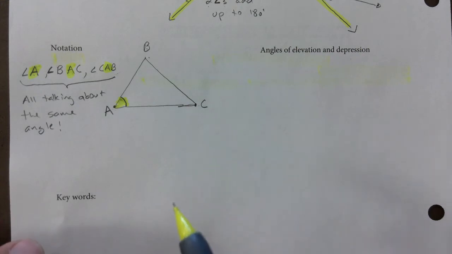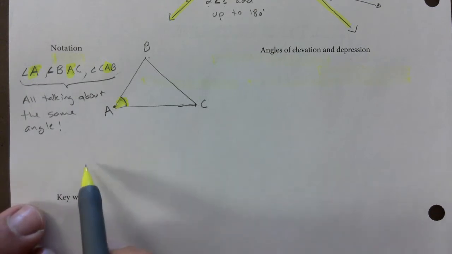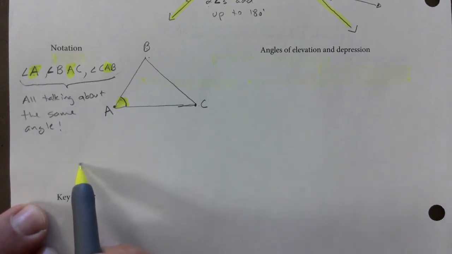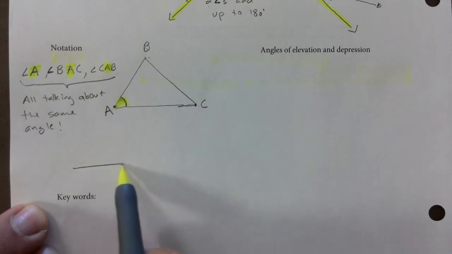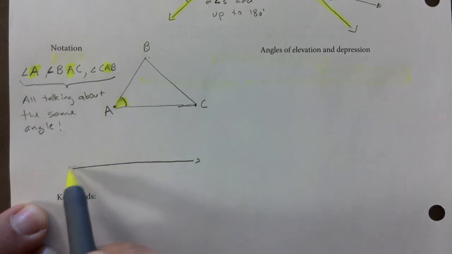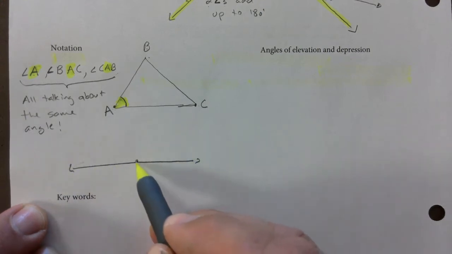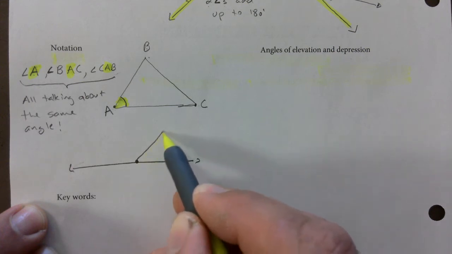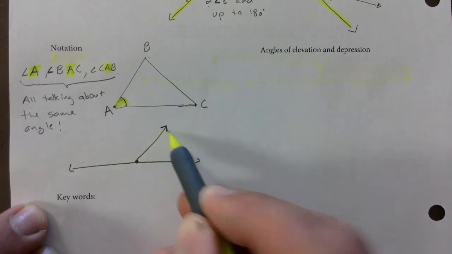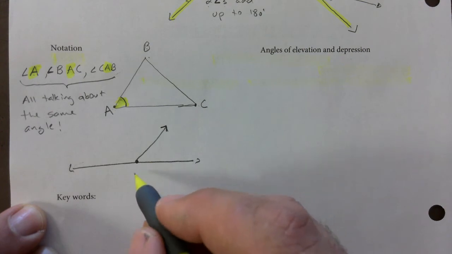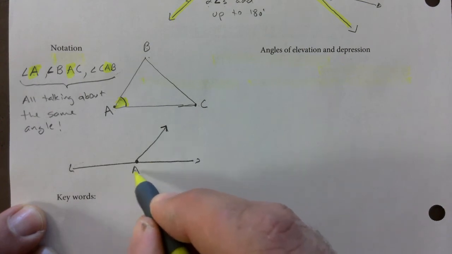Let's add another instance here. Let's make a straight line right here. And we're going to cut it right here. And watch this. We're going to put an A here at this point.